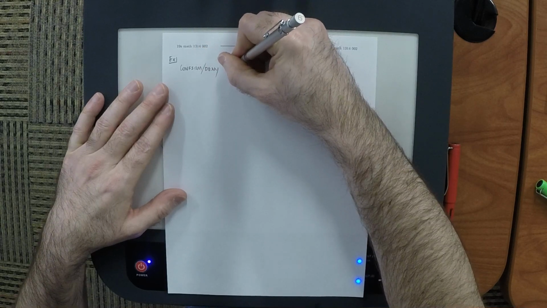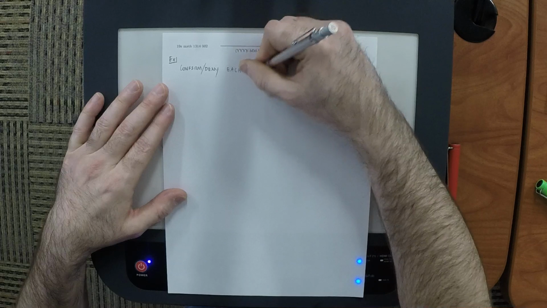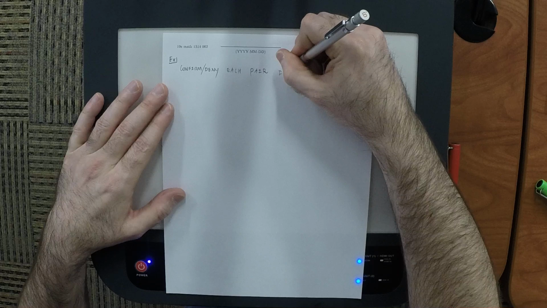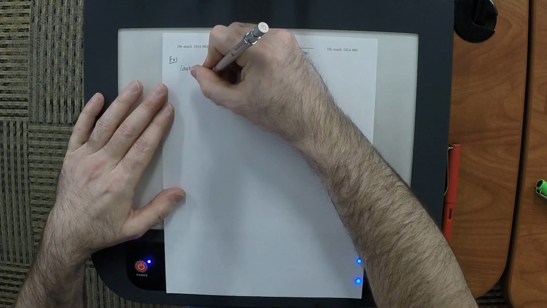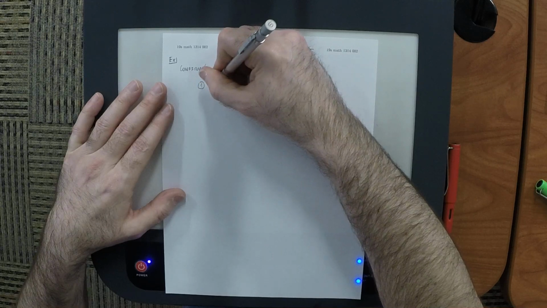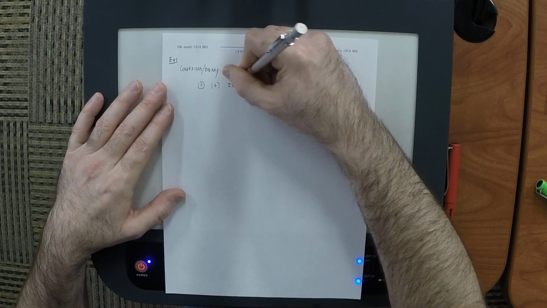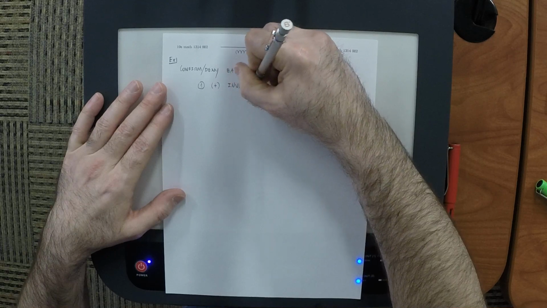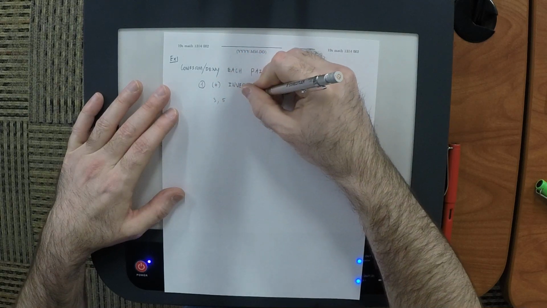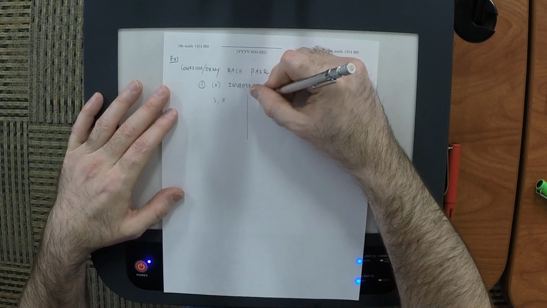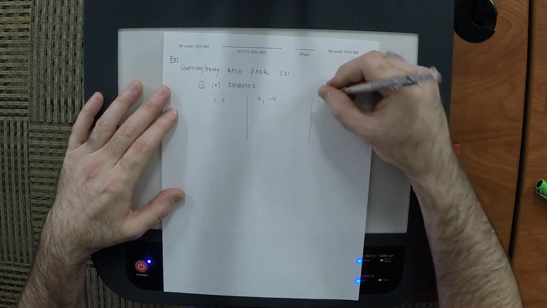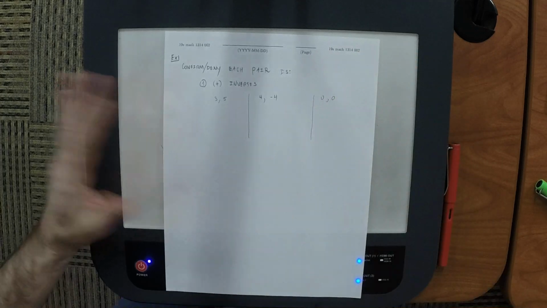Confirm or deny each pair is an additive inverse. So the first pair we'll ask about is 3 and 5, 4 and negative 4, 0 and 0. All right.